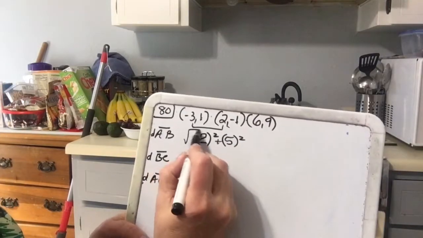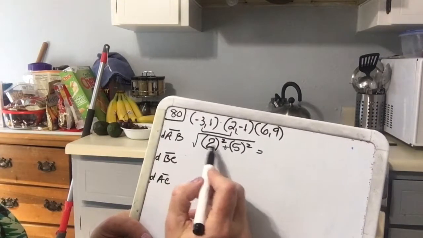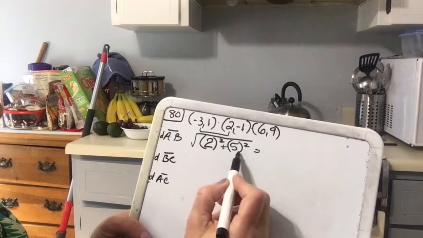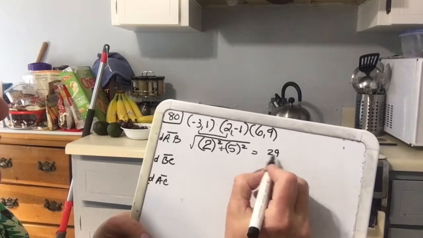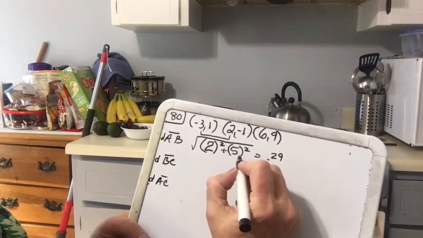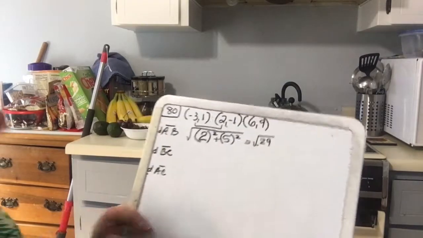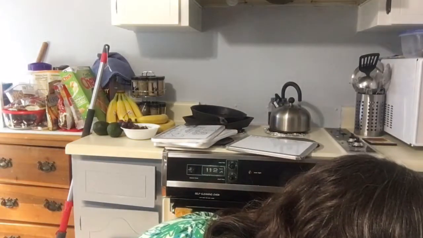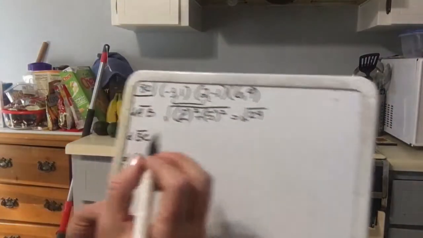Okay, and then we're going to take the square root of that. So that's going to wind up being 4 plus 25 is 29, and that's going to be the square root of 29. Okay, so we get the square root of 29, and I'm just going to check my answers as I go. Oops, they don't have all those answers in there, so I hope I got it right.